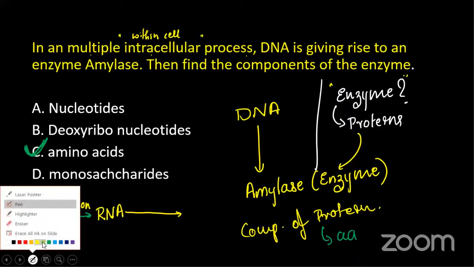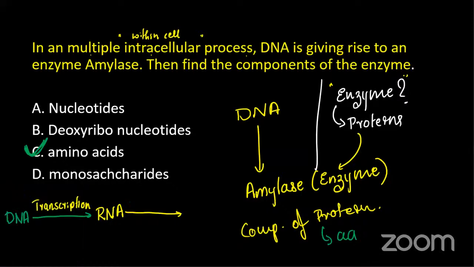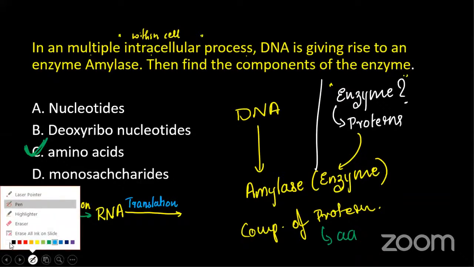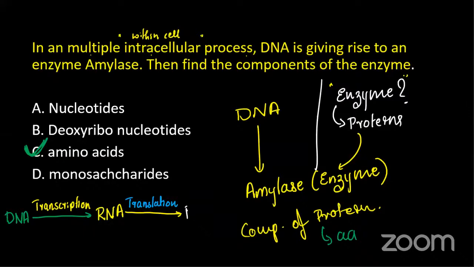Then both options will be correct, Abhishek, if the options are protein and amino acids. That will be grace marks, right? So this RNA goes through another process called translation, and this will give rise to the product of this particular process, that will be the protein.